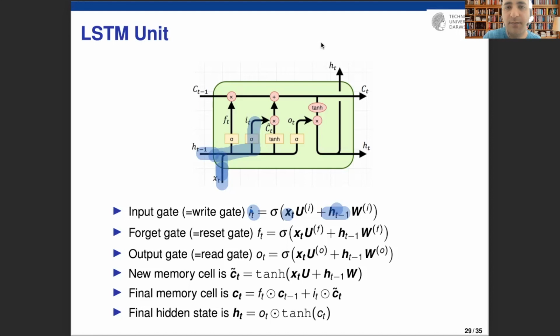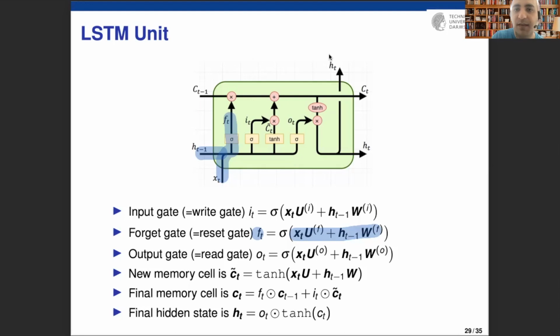The other gate is the forget gate, which is again a linear combination of the input token and hidden state given to the sigmoid. So this is the forget gate. So ht minus 1 and xt, you give them to the forget gate. It captures how much you should forget from the memory.